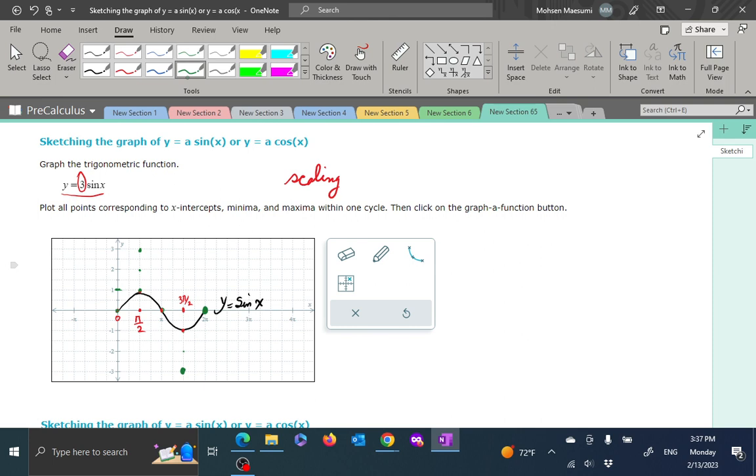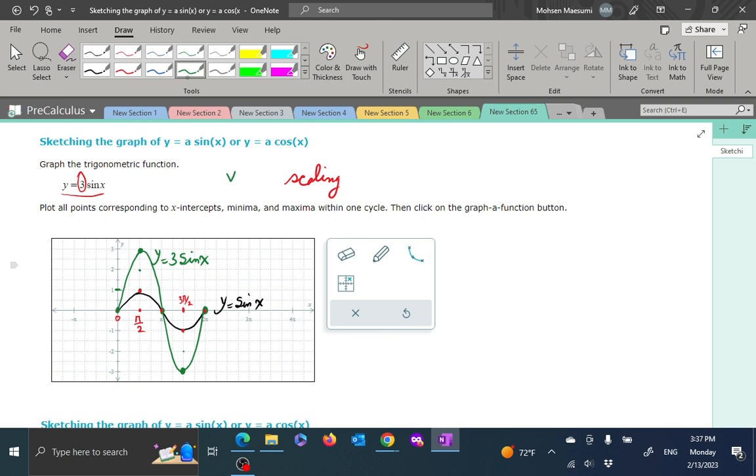So I have these 5 points to connect to each other. I'll be going way up, then come down, come to this point down here, build all the way back up. This becomes the graph of y equals 3 sine of x.